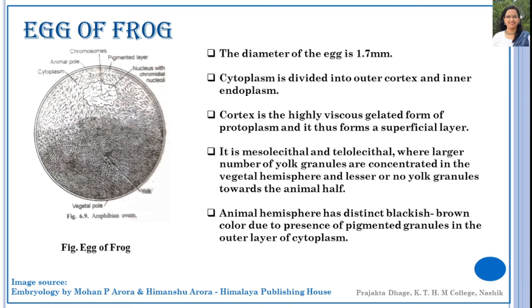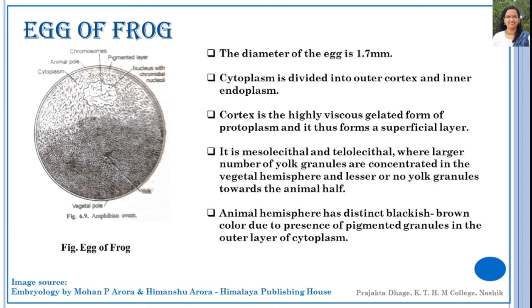The egg of the frog is a mesolecithal egg, which means that the size of yolk granules is moderate. And telolecithal, which means a large amount of yolk will be deposited towards the vegetal pole. The animal hemisphere is distinct, with a blackish brown color due to the presence of pigmented granules in the outer layer of the cytoplasm.